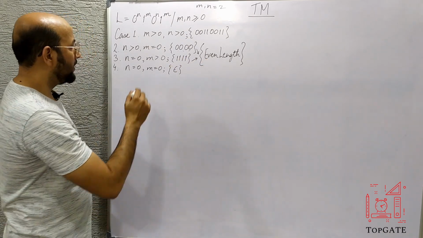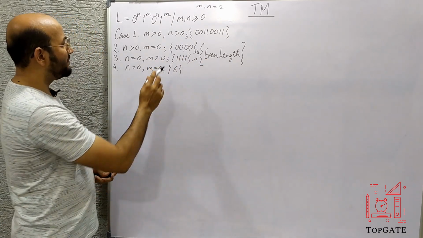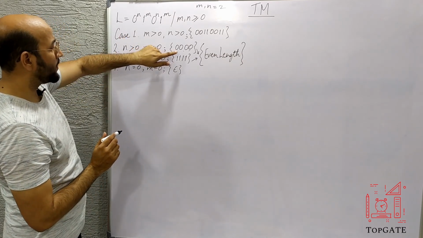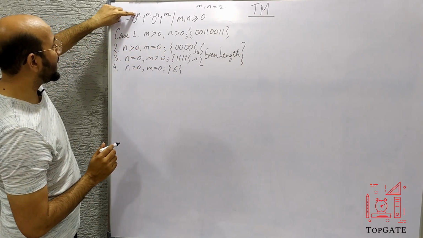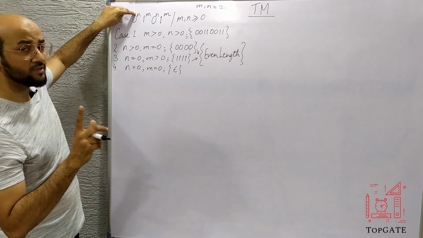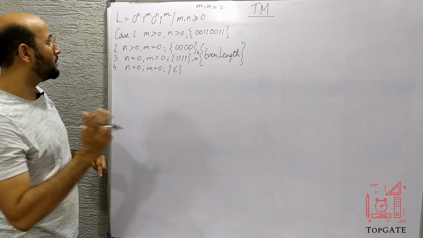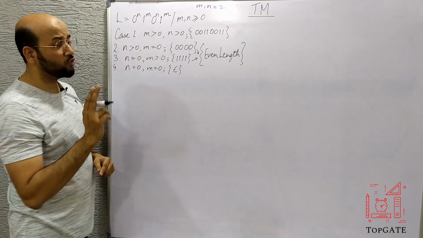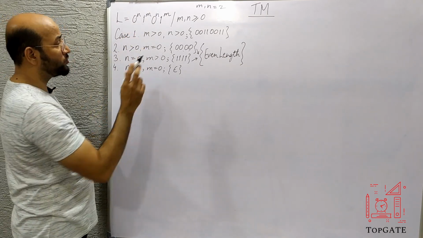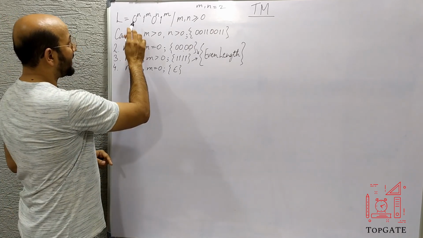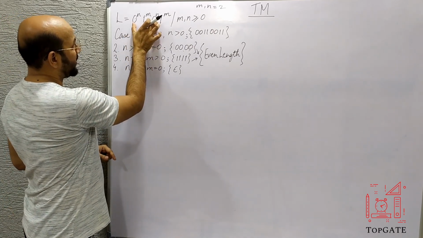Suppose I have these zeros. If the value of n is equal to 1, that is an odd number, 1 plus 1 will be 2, that is an even number. If n is equal to 2, that is an even number, then 2 plus 2 is 4, that is also an even number. So in any case I'll get an even length string.